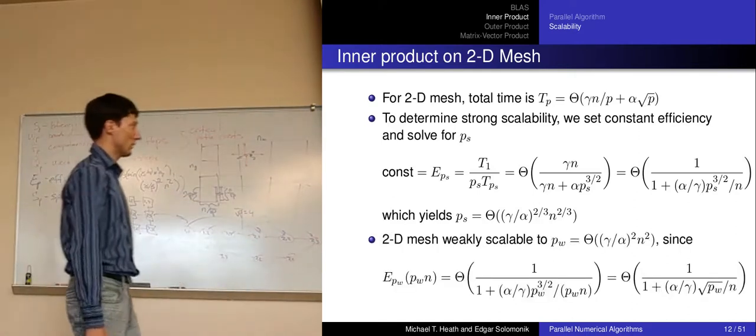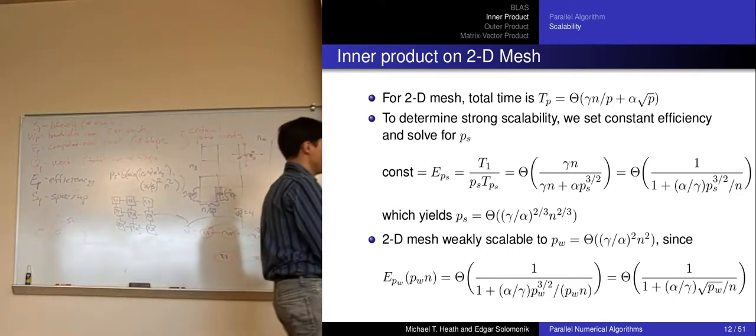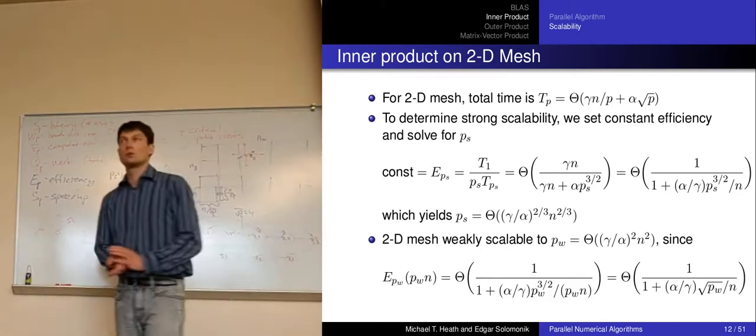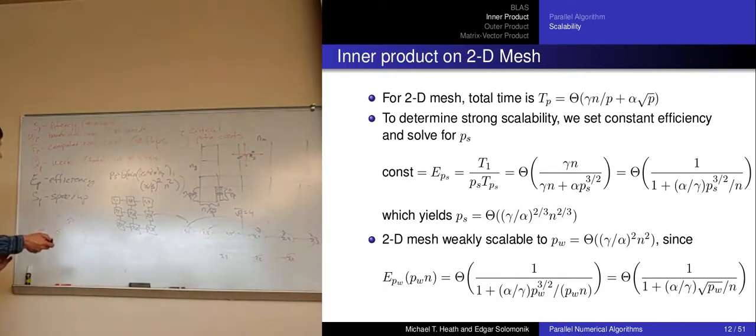And if we look at the weak scalability, again, a similar analysis, but now we can weak scale to a number of processors proportional to the square of the problem size we had on one processor.